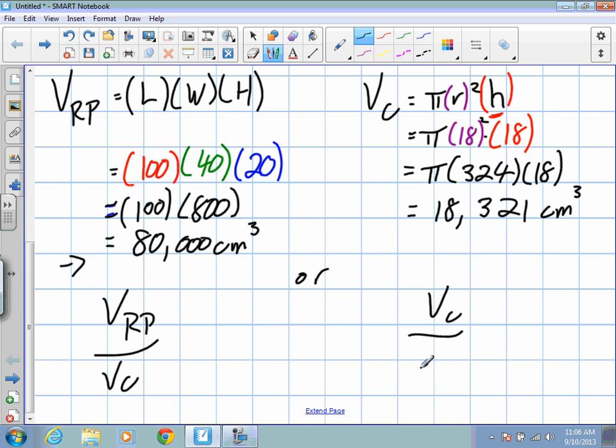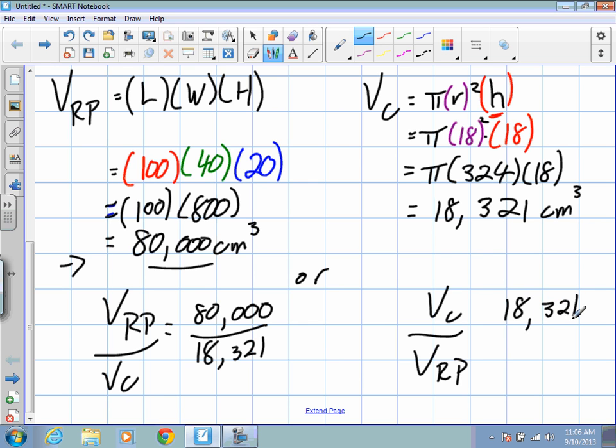Well, let's say we don't know the answer to this. We're going to use logic to figure it out. Okay? So the volume of the rectangular prism is 80,000, divided by the volume of the cylinder, 18,321. And the other option would be 18,321 divided by 80,000.